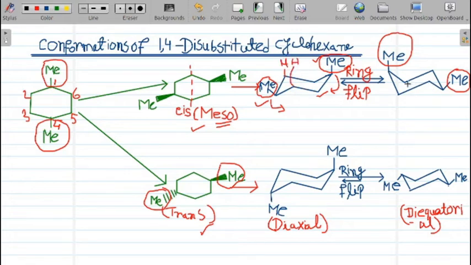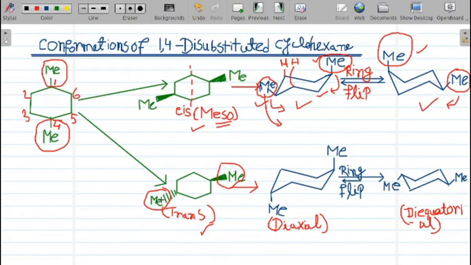And in this conformer, one methyl group is present at the axial position, so there will be 1,3 diaxial interaction, but due to this other methyl group there will be no diaxial interaction. So the two conformers of the cis isomer are present in the same composition.